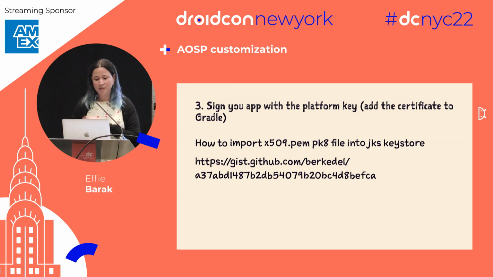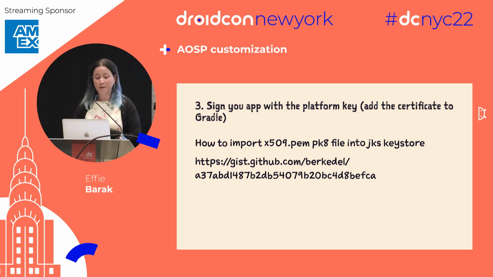So now we have to take this platform key and import it back to our JKS file, to our JKS key store. Now, I'm not going to go over this because it's really just boring. It's just follow these commands in this gist and you'll have it. The platform keys, or the keys that the AOSP signs by default, are testing keys.